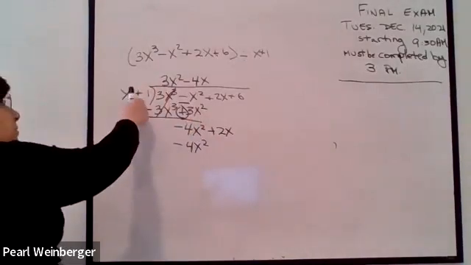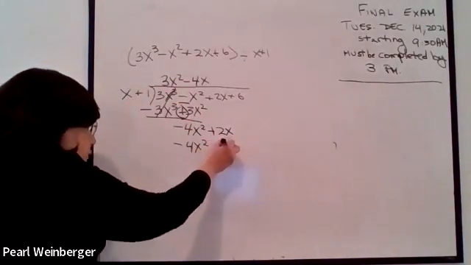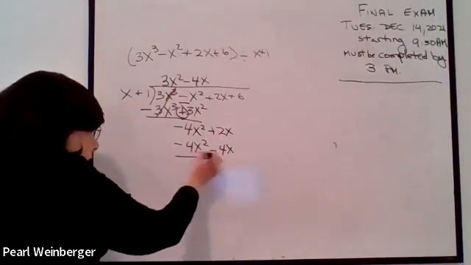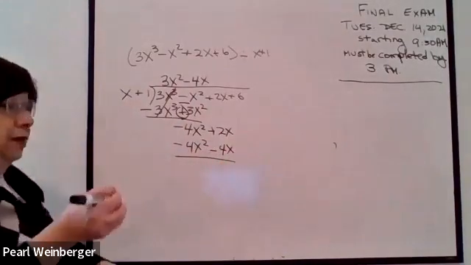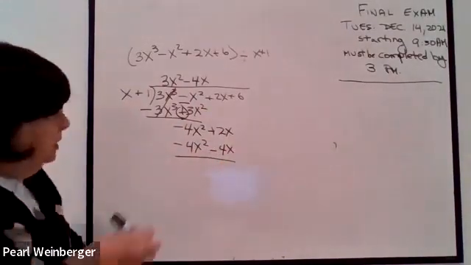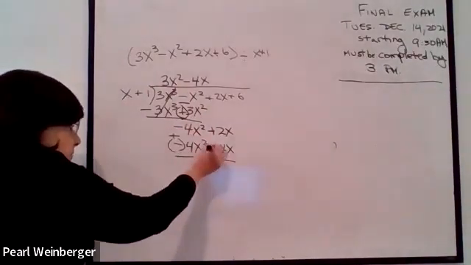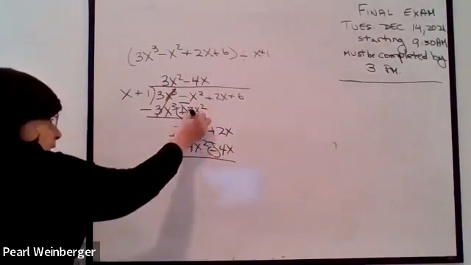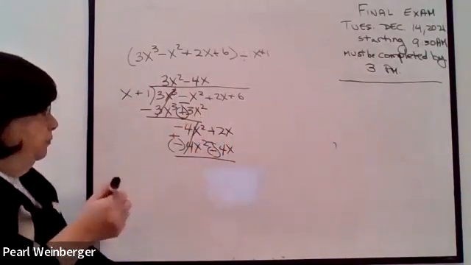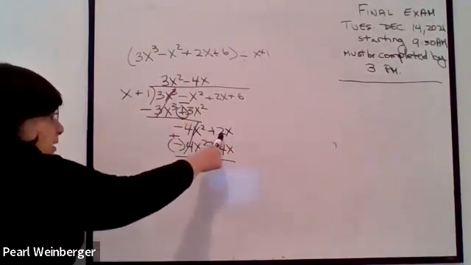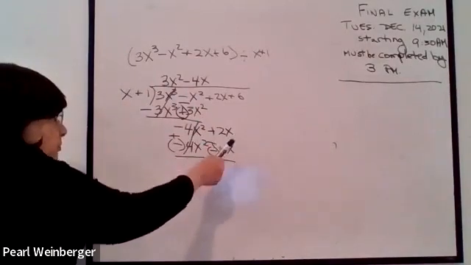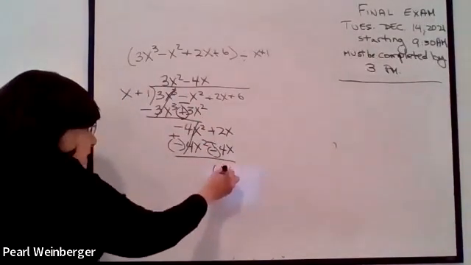And negative 4x times 1 is negative 4x. And again, I want to subtract, so I'm going to change my signs. So this is going to become a plus, and this is also going to become a plus. And negative 4x squared and positive 4x squared cancel. And here I have 2x plus 4x, which gives me 6x.